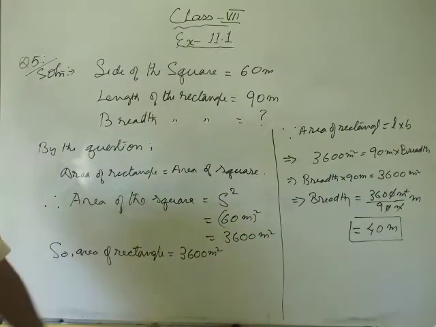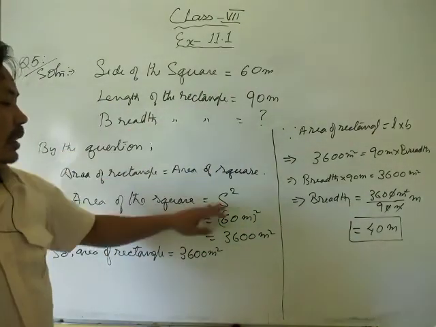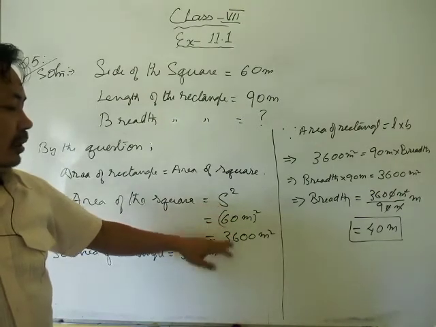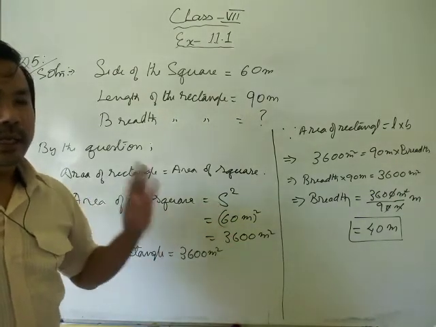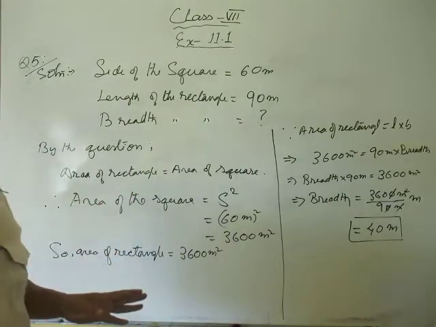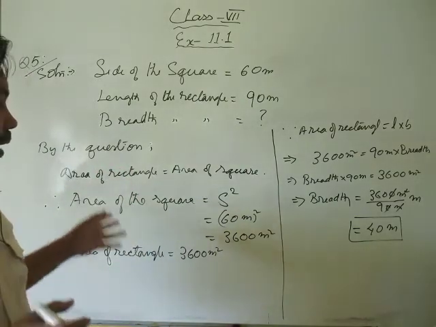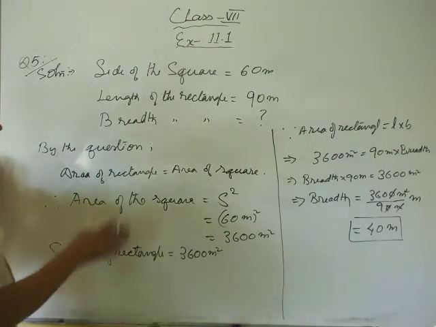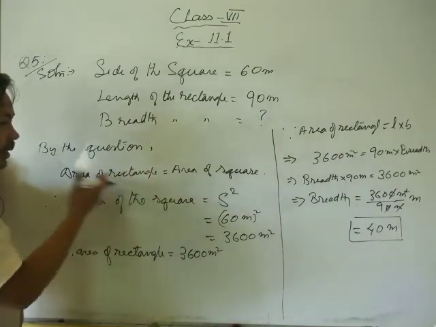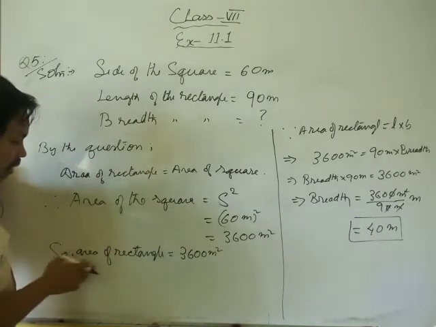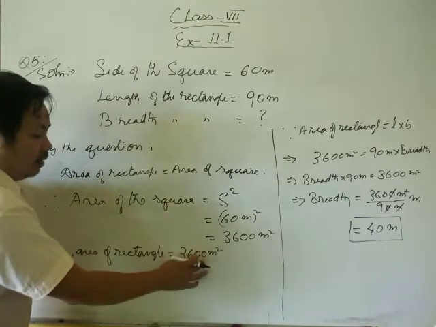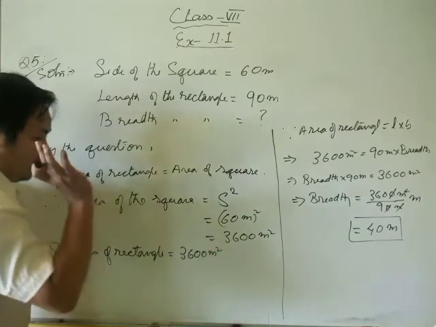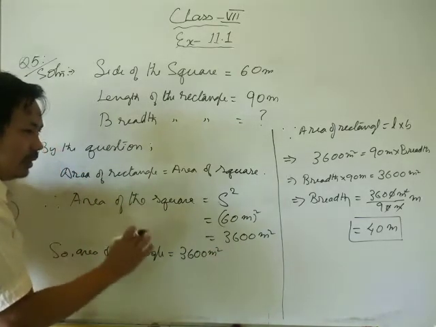So first of all, we find out the area of the square. We know that side square, 60 into 60, is 3600 meters square, the area of the square plot. The area of the rectangular plot is equal to the area of the square. It is given by the question, isn't it? Then the area of the rectangle will be the same, 3600 meters square.